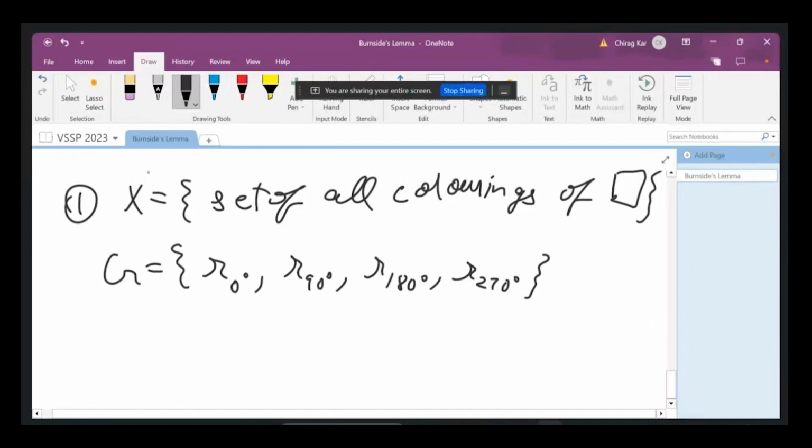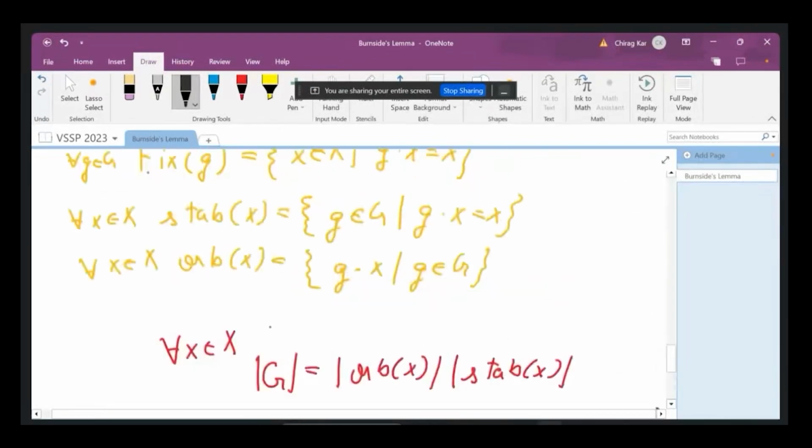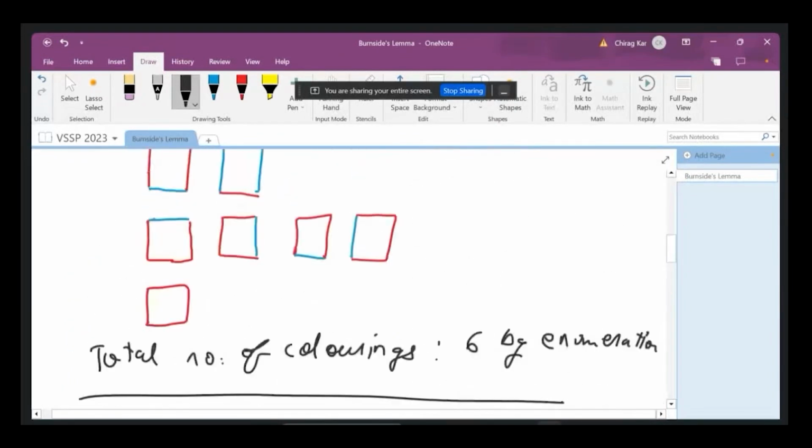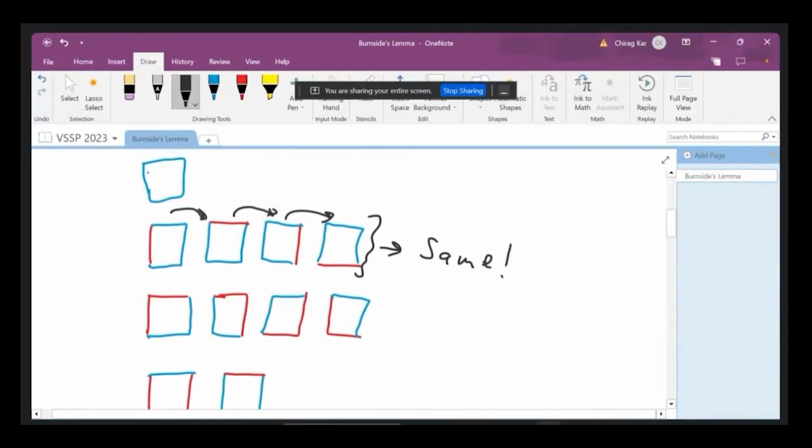Now, what happens if I had defined R360? Well, that is just the same as the R0-degree rotation over here. So now let's go back to what we have and see whether we can actually get these ideas.